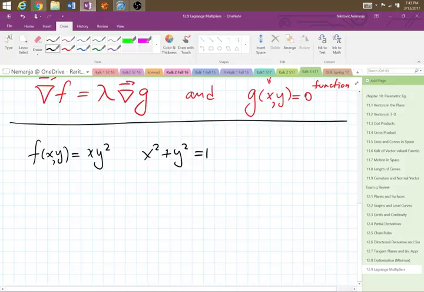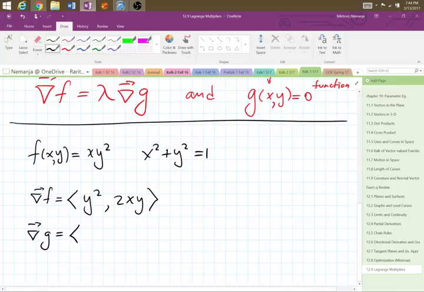All right. So what do we do? Well, what's del f? Partial derivative of x, which is y squared. And then partial derivative of y is 2xy. So that's your del f. Now you have to find your del g.